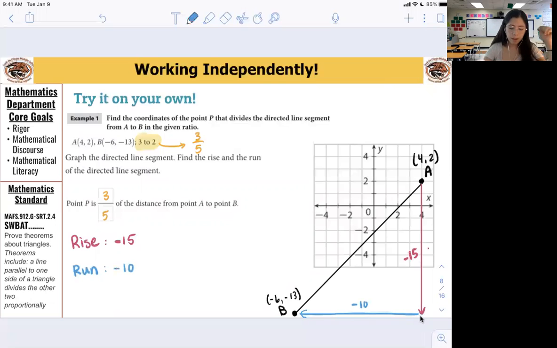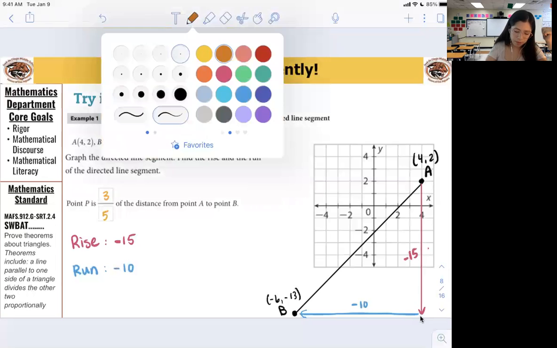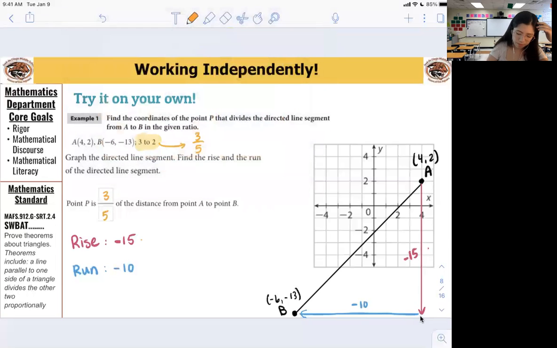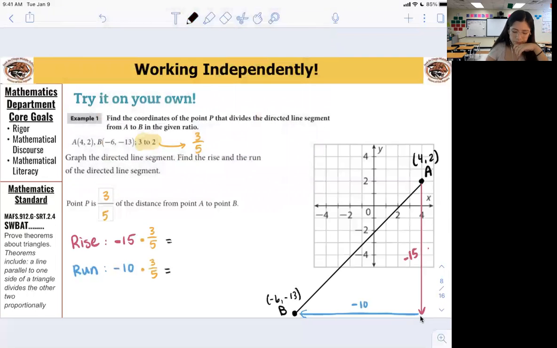Okay. All right. Next up, we multiply it by the ratio. So times 3/5. What do I get? Good, negative 6 for the rise.